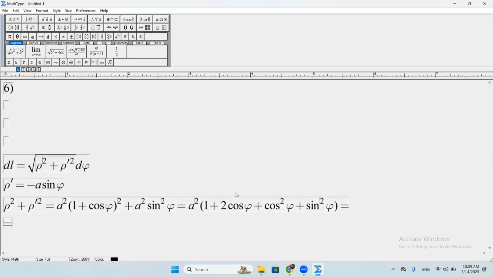So let's simplify this expression. We will receive 2 plus 2 cosine of phi. And actually this 2 plus 2 cosine of phi will be equal to 4 cosine squared of phi over 2.